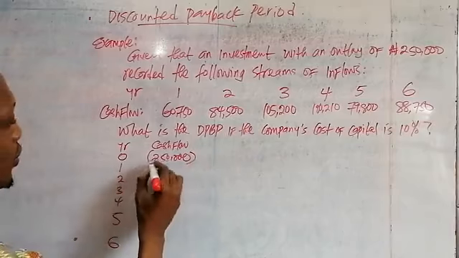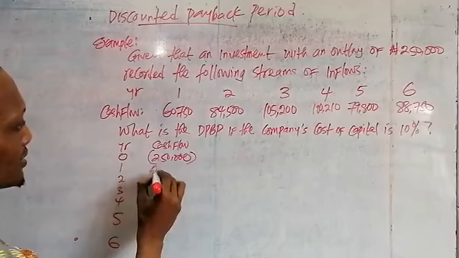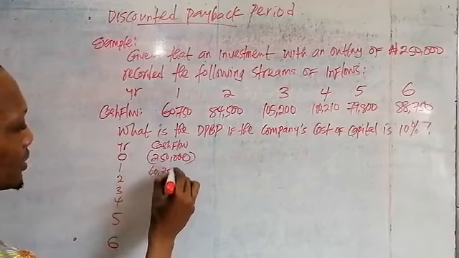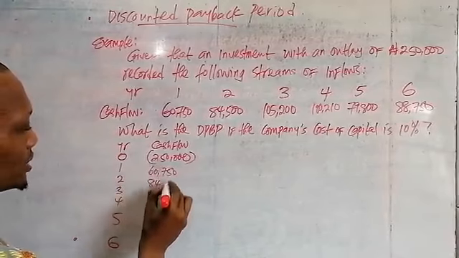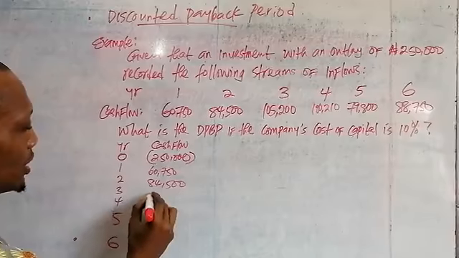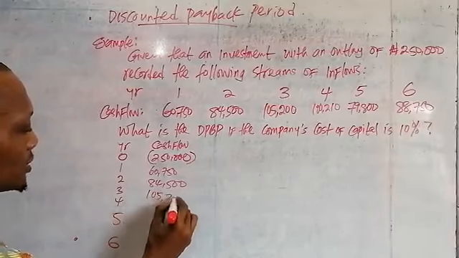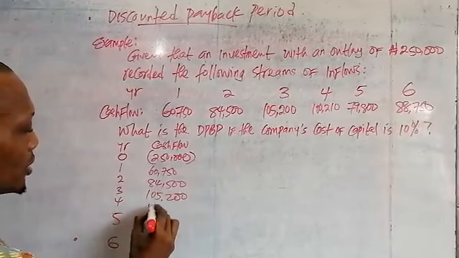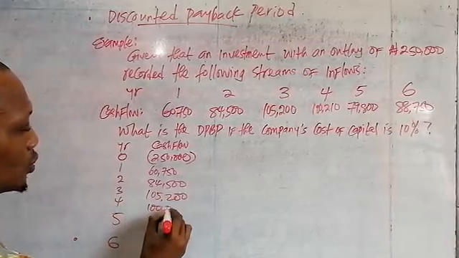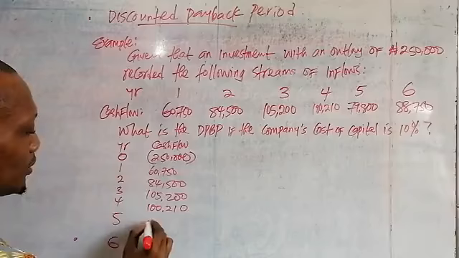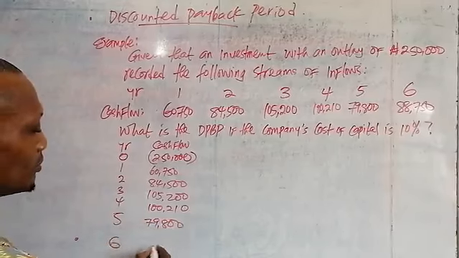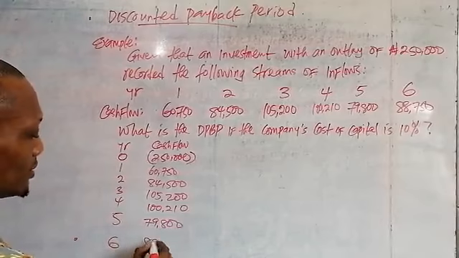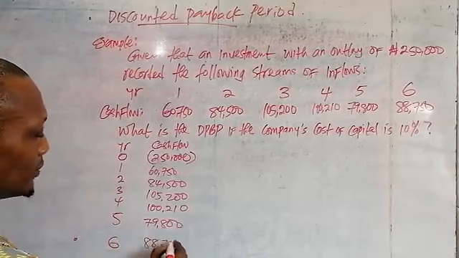For year 1 we have inflows: 60,750. For year 2, 84,500. For year 3, 105,200. For year 4, 100,210. For year 5, 79,800. For year 6, 88,750.